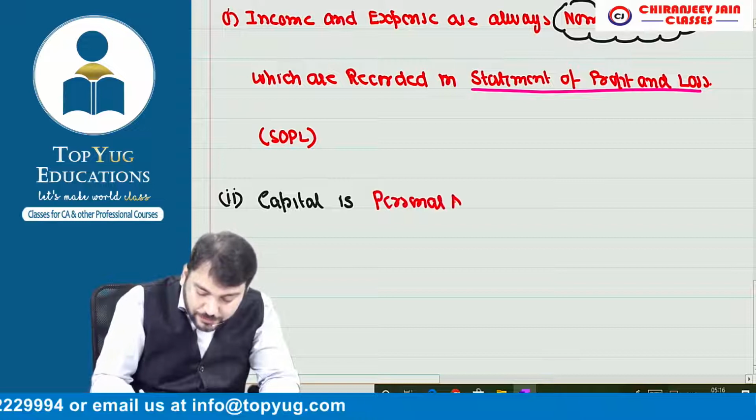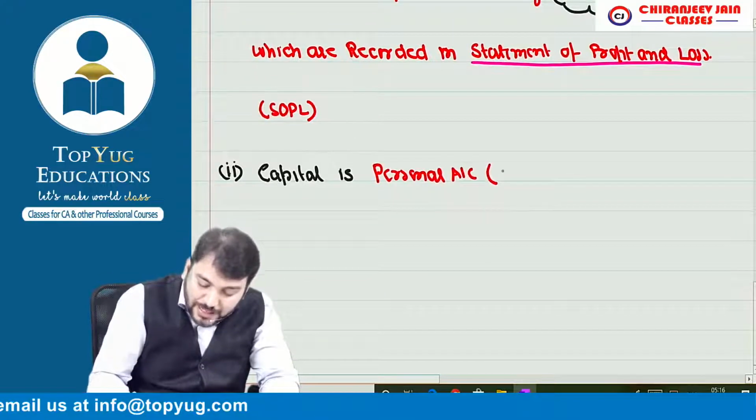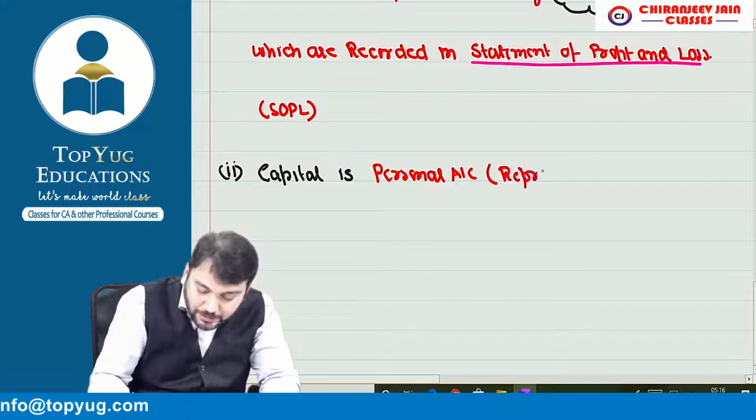So can I say capital is a personal account, and we can say a representative personal account.